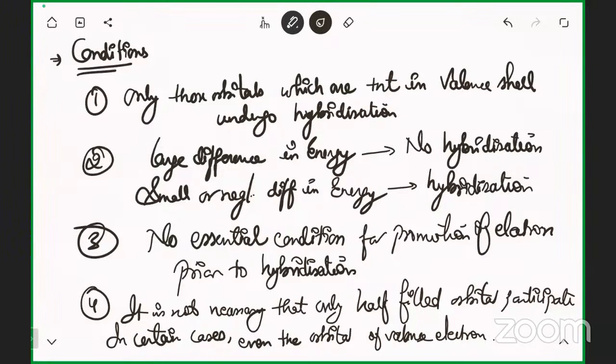You'll see when we go through the examples in this chart that there are orbitals which are not half-filled, they are more than half-filled, and they also undergo hybridization. I'll tell you the condition when I go through the examples.